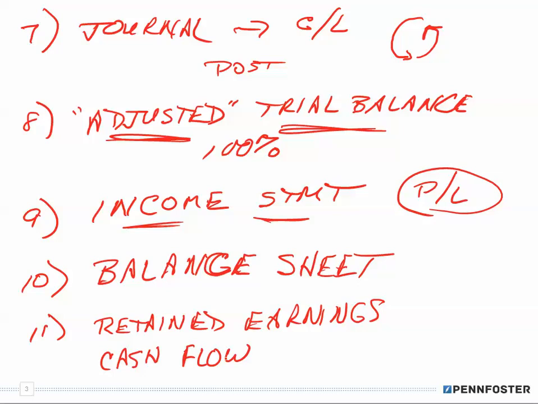If you're a manufacturing company, you'd have 10 other statements that you would create, right? You're basically going to create all of those statements at this time. Every business will create the income statement, and every business will create the balance sheet. And it'll be up to the business whether they'll create any additional financial statements.